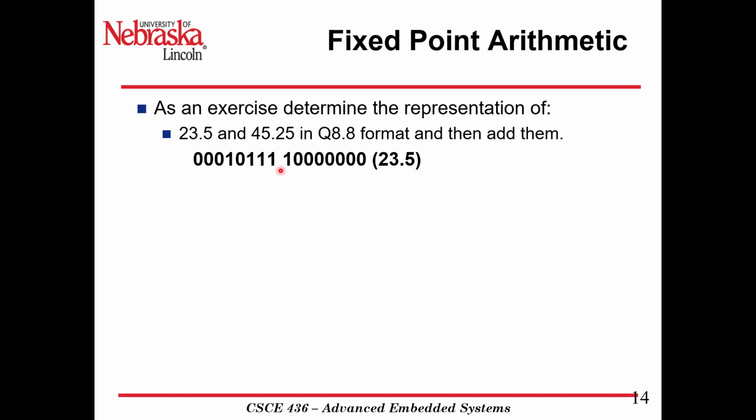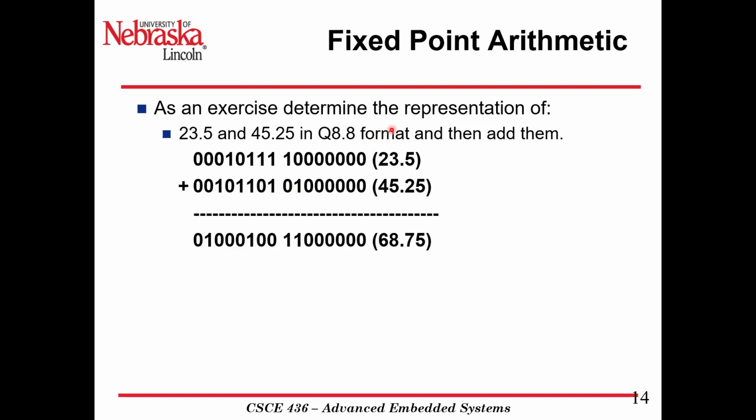Then we line up that binary point, or radix. Then we have 45 for the whole portion of 45.25, and then the fractional portion, 2 to the negative 2, which is 0.25.